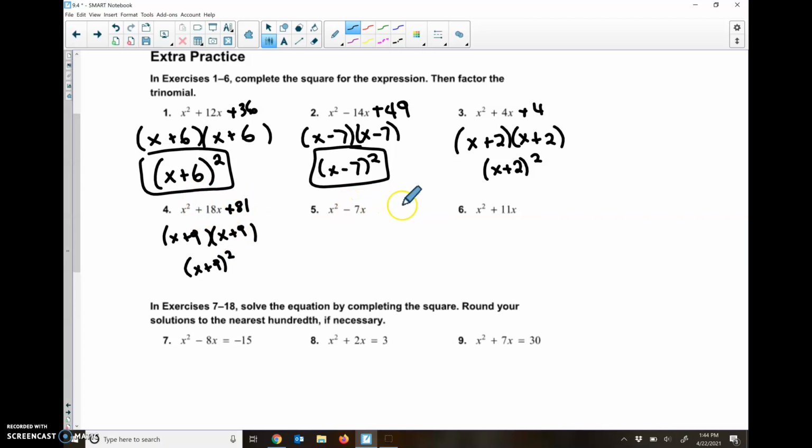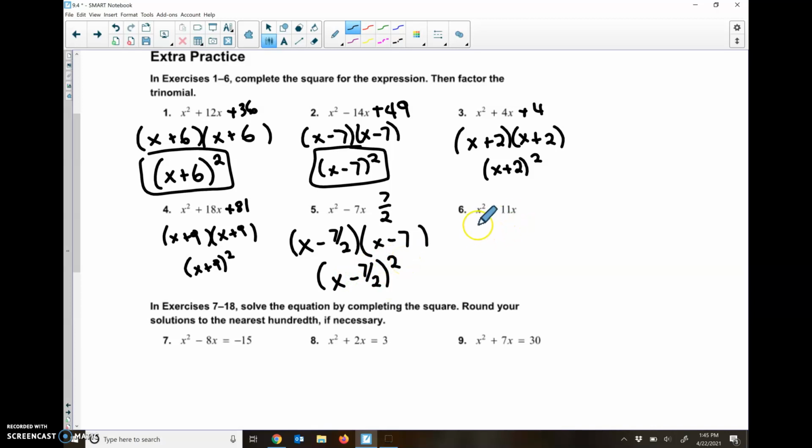Here, for this one, 5 and 6, you'll see they're a little different just because they're not even numbers. 12 is an even number, 14 is even, 4 is even, 18 is even. Here, we don't get even numbers. So if you divide by 2 and square it, you're just going to have 7 over 2. Our parentheses are going to be x minus 7 over 2 and x minus 7 over 2, or x minus 7 over 2 squared.